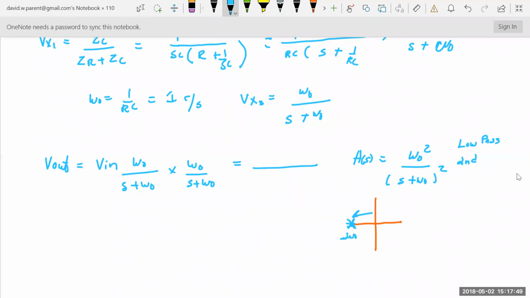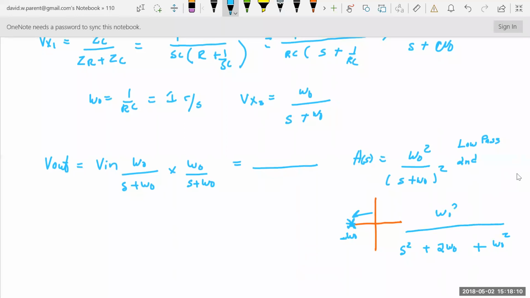so it's stable. If I multiply this out, I get s squared plus 2 omega naught s plus omega naught squared.